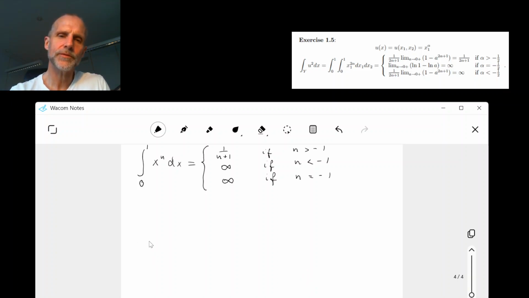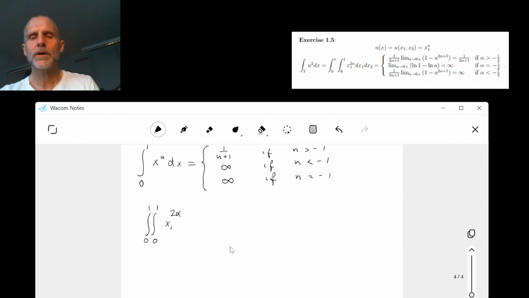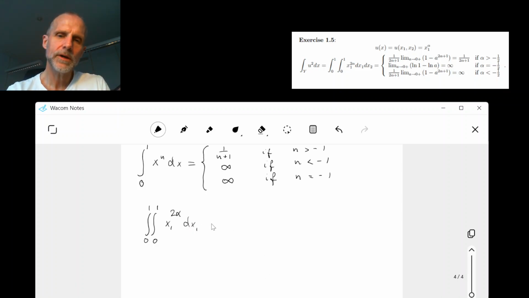Well, so what we now arrive at is the following. We wanted to compute this integral. And, well, we now have the value of the inner integral for all cases of n.